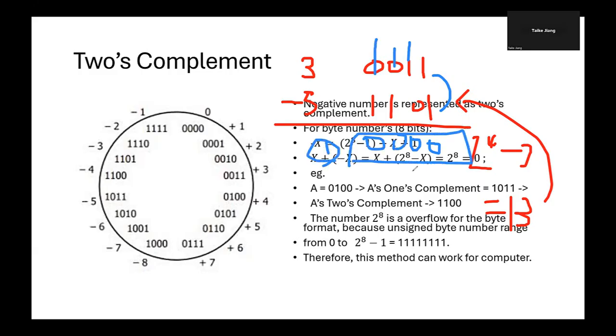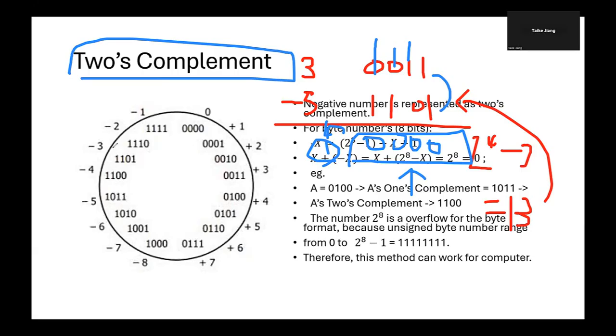You end up with 0 on the last 4 digits, but you have an overflow of 1 bit. So that's what we call two's complement.